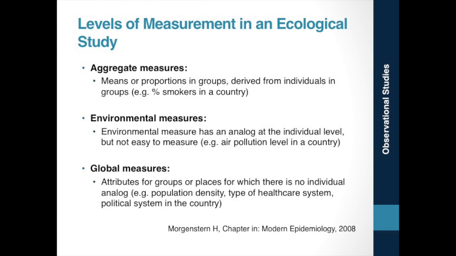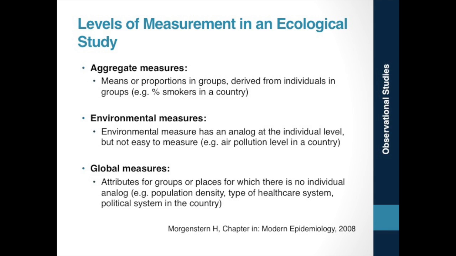There are three different types of ecologic measures. Aggregate measures, which are summaries of observation that come from individuals in each group, for example, a proportion of smokers or median family income. Environmental measures are physical characteristics of the place in which members of each group live or work, and each environmental measure has an analog at the individual level.